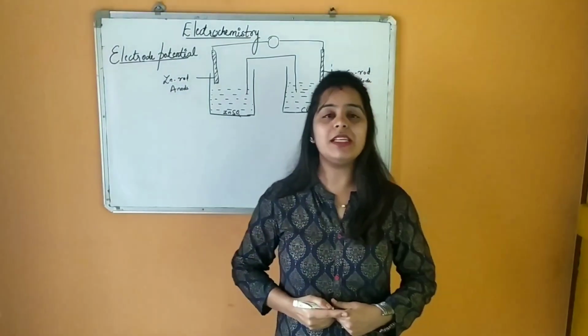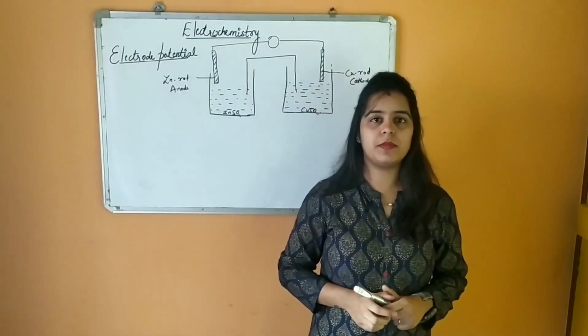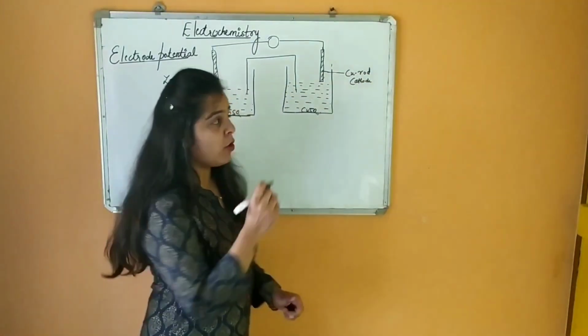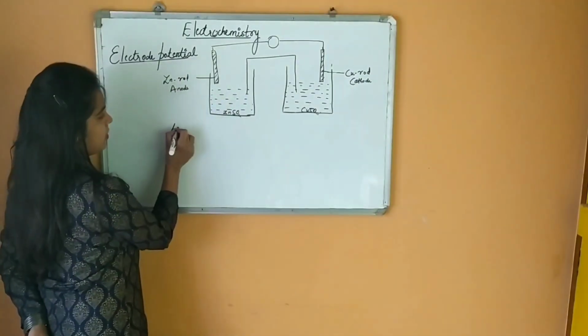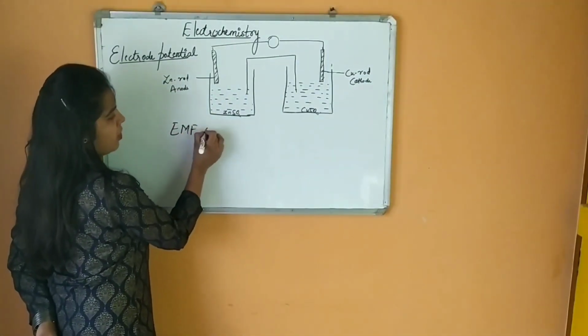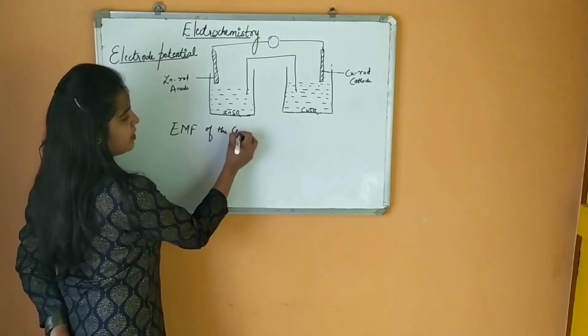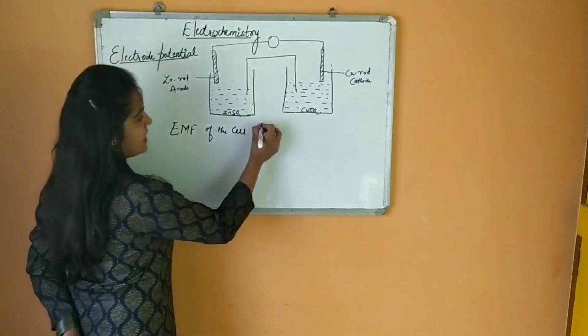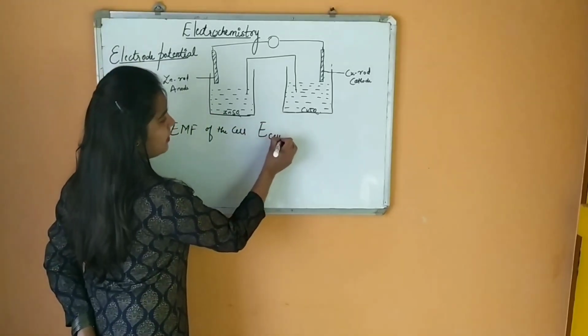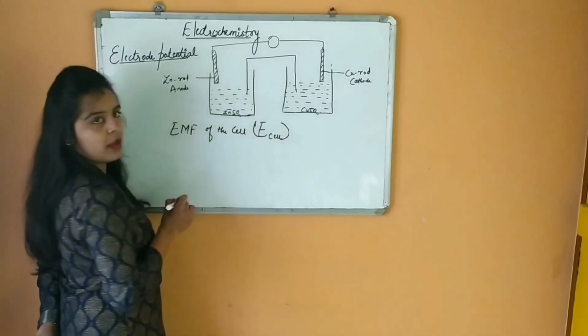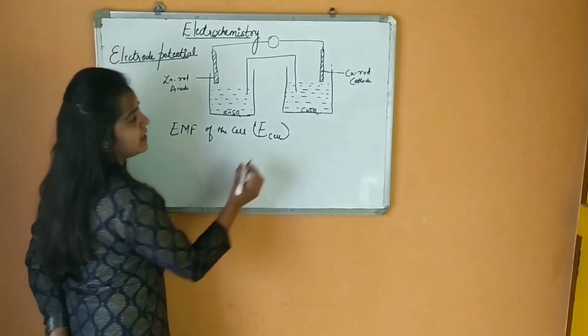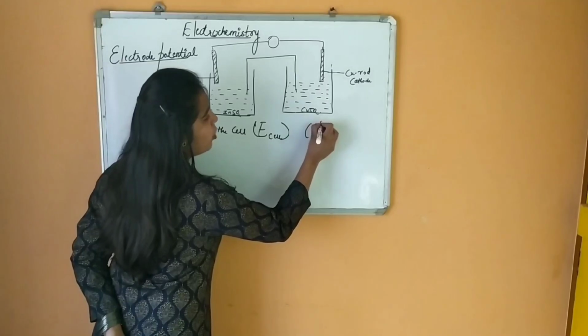Okay, so now what is EMF of this cell? EMF of the cell is designated as E cell. And the standard EMF of the cell can be designated as E naught of cell.